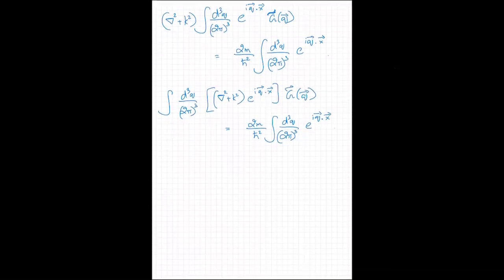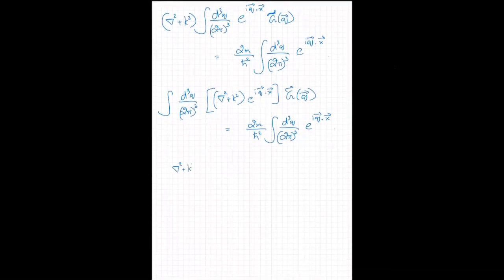So del square plus k square acting on e to the i q dot x is basically del square plus k square acting on e to the i q dot (r minus r prime). The del square doesn't care about the q dot r prime, but it looks at the q dot r. In Cartesian coordinates, del square is d square dx square plus d square dy square plus d square dz square, and each one of these pulls out a factor of iq whole square.